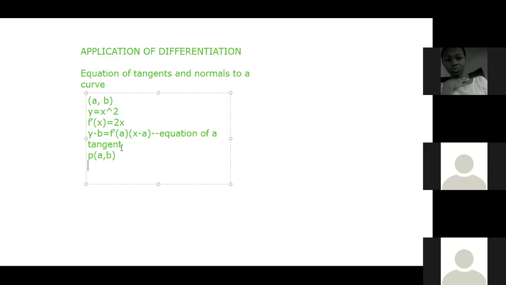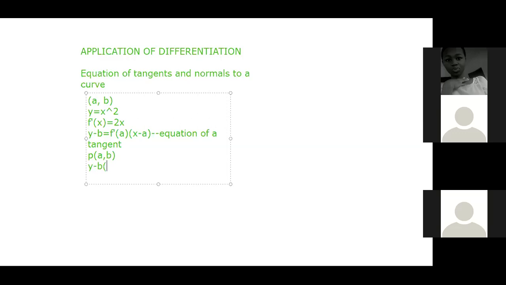So now the equation of the normal at point AB, we are going to get our same equation, just that there will be a slight change: y minus b is equal to minus 1 all over f prime of a times bracket x minus a.